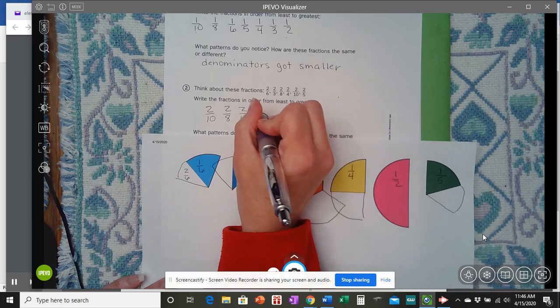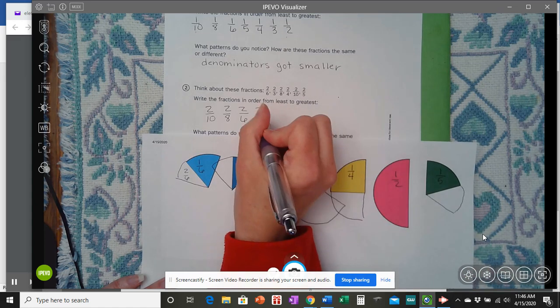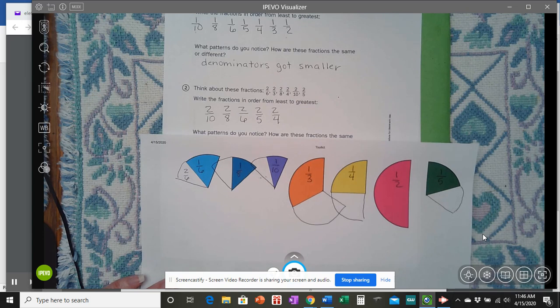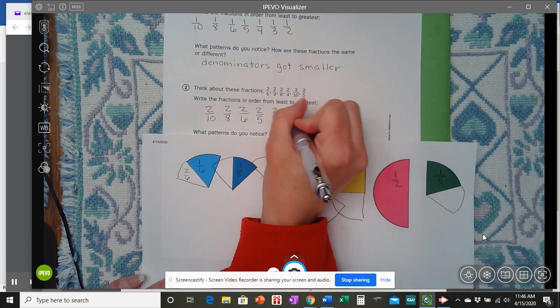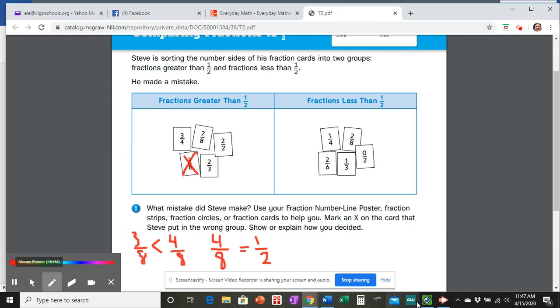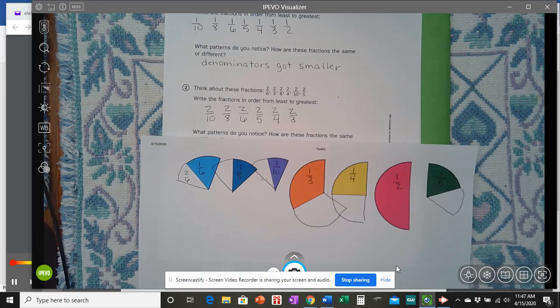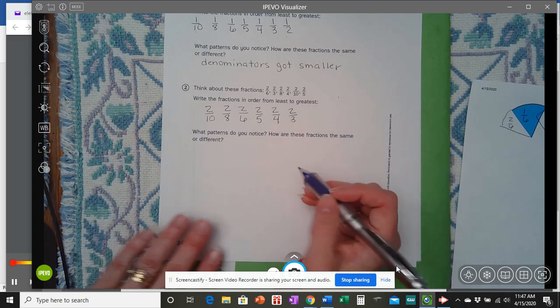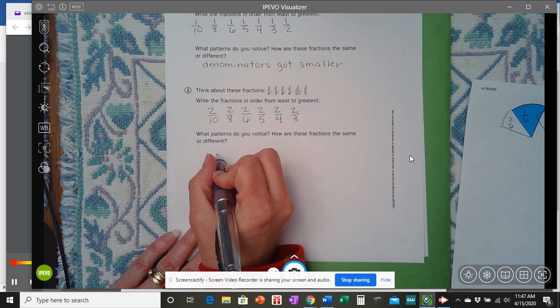And then 2/4. Oh, it should have been the 2/5 first, and then 2/4. And then the 2/3. So the pattern that we are going to put for this one is also the same, that the denominators get smaller.